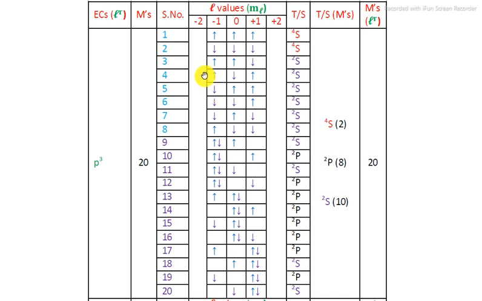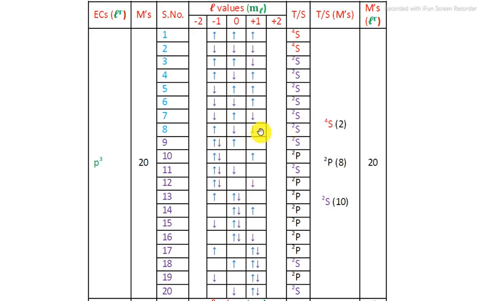Reverse of these 3, we get here 2 electrons with negative spin and another electron with positive spin. That positive spin electron is present in the third orbital or the second, that is the middle orbital, or the first orbital. You get here 3. These 3 and these 3 are reverse of each other. Term, already I told, S term.